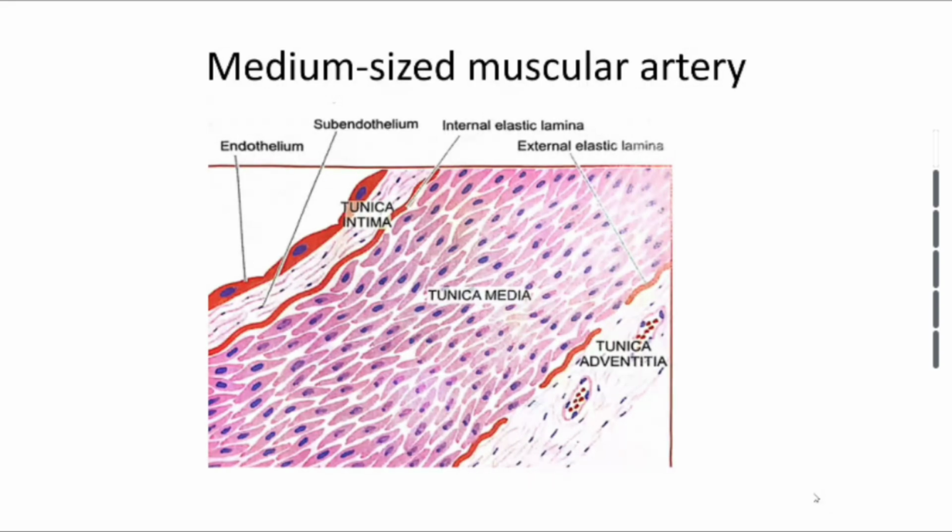I know we talked about the smooth muscles last time when we were doing Anatomy 1 and even in Anatomy 2. Then you have an external elastic lamina. After that, we have the tunica adventitia. Especially for the large vessels, the tunica adventitia is where we have the vasa vasorum.